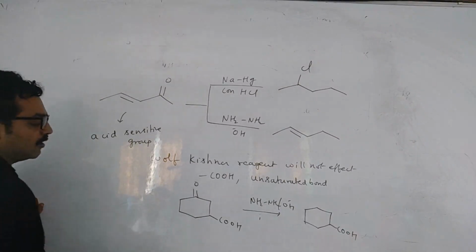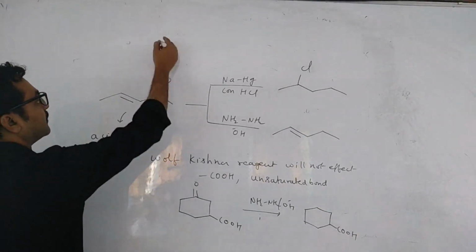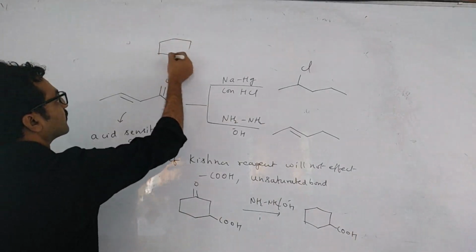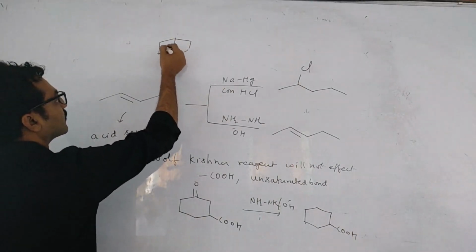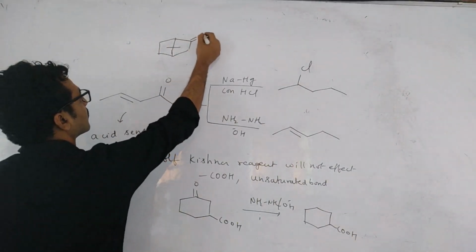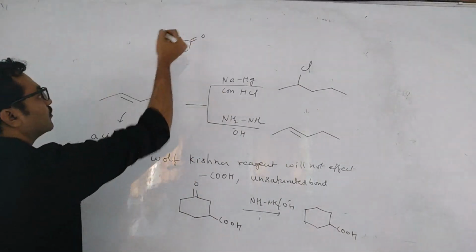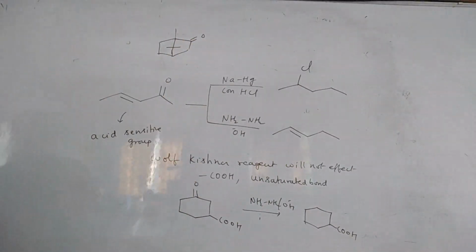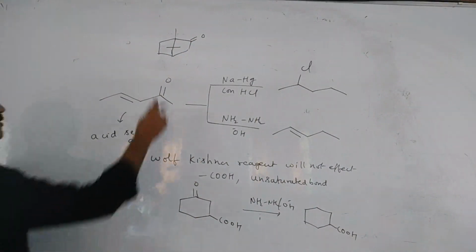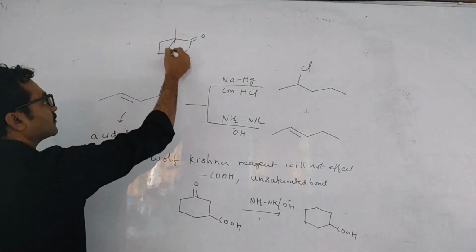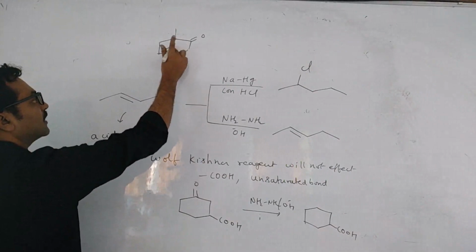So higher alkyl compounds also, like camphor. You know what is meant by camphor? Camphor is a compound like this you can have, or like this, both are correct only.